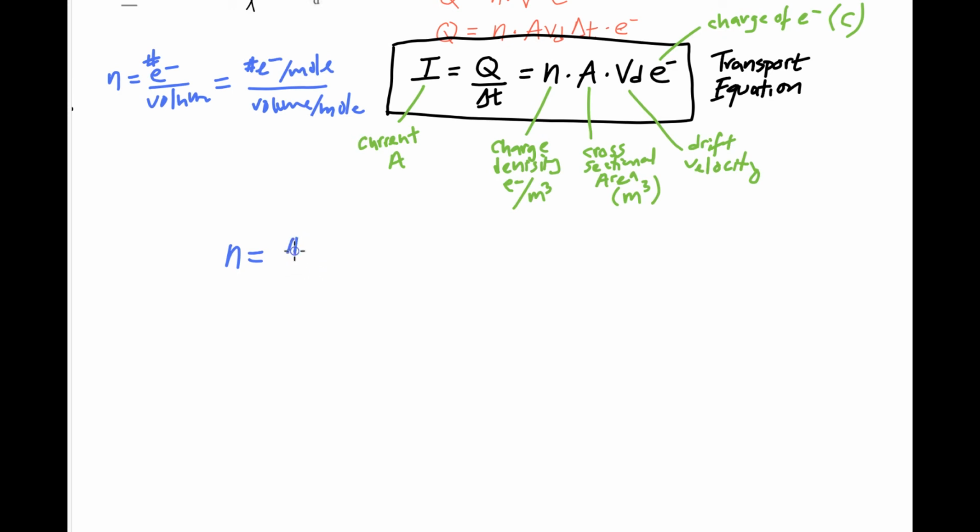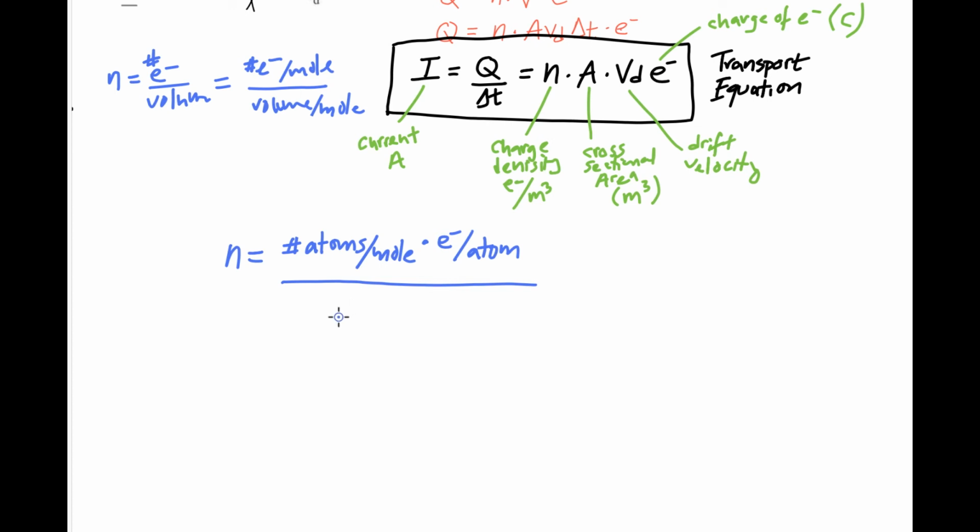And we can do that because we know the number of atoms per mole of any substance. And if we times that by the number of electrons per atom, then we would have electrons per mole. And if we know the material that this is, we can do all of this.